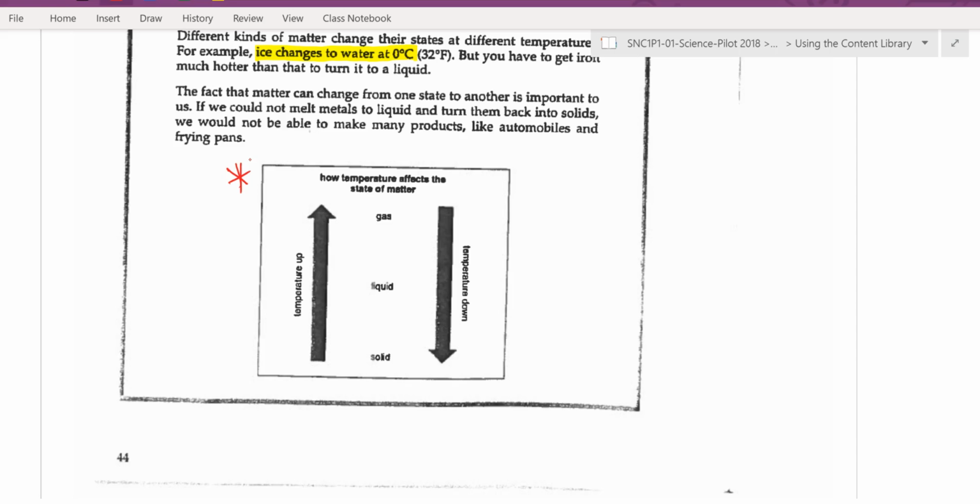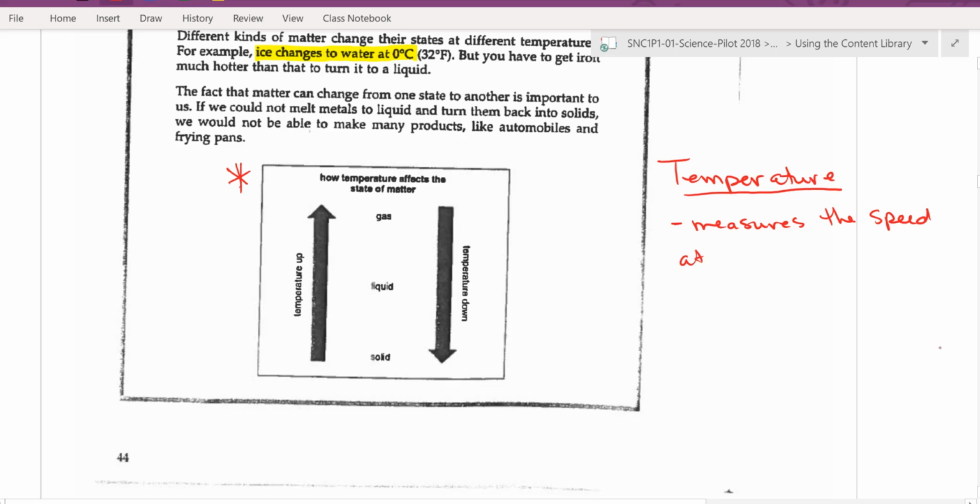Remember, temperature measures the speed at which the particles are moving.